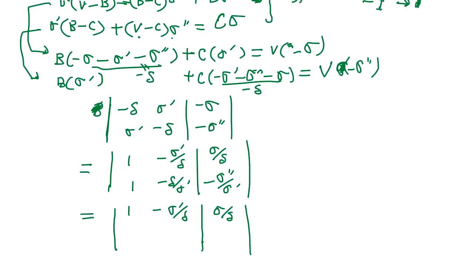This is going to be sigma prime over delta minus delta over sigma prime, and this is going to be minus sigma double prime over sigma prime minus sigma over delta, right?